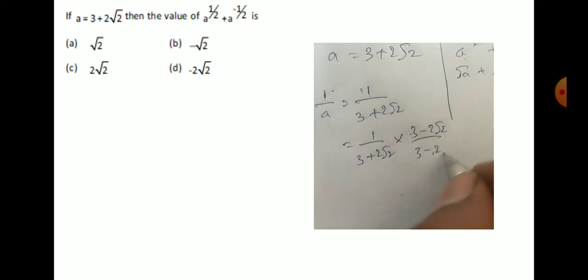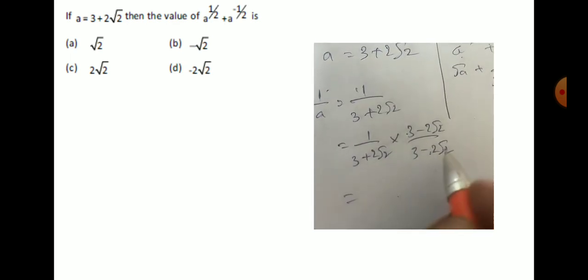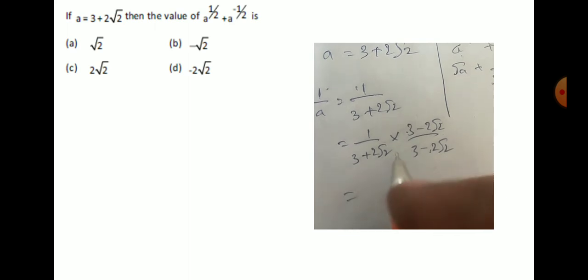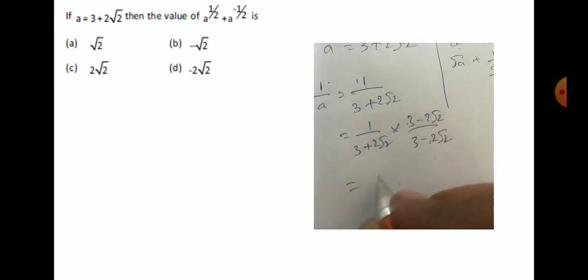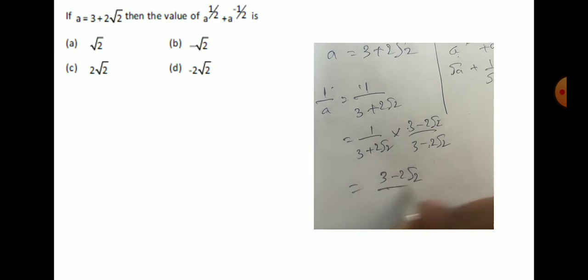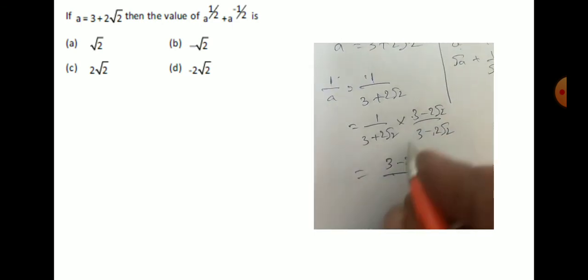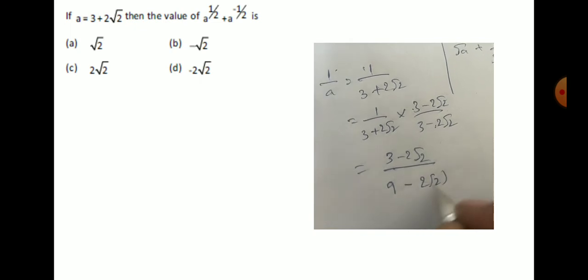Here in the denominator what you will get is a plus b into a minus b formula, that is a square minus b square. The numerator is 3 minus 2 root 2, divided by a square minus b square, that is 9 minus 2 root 2 whole square.